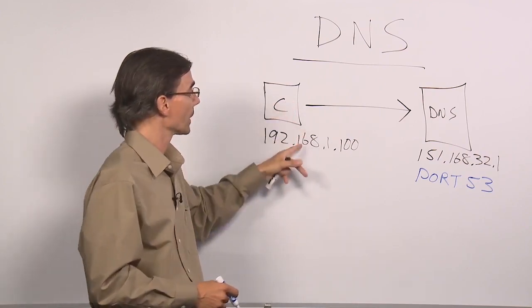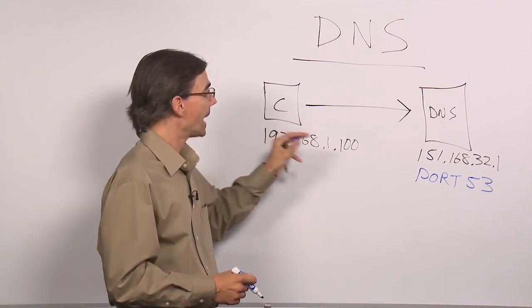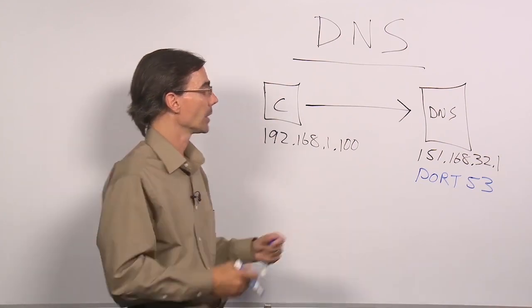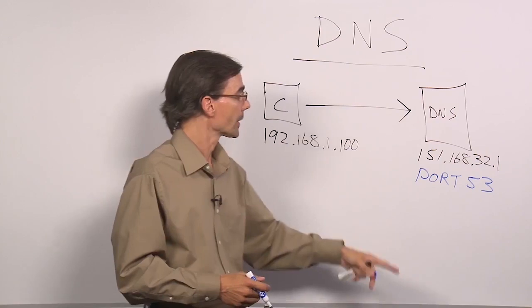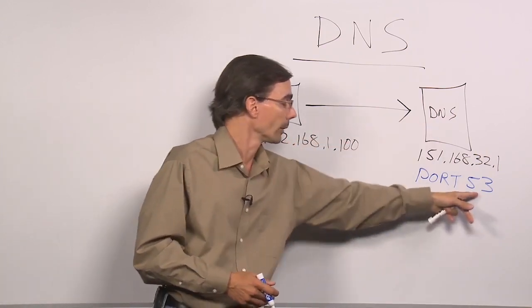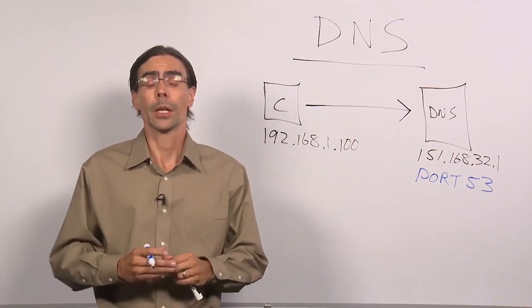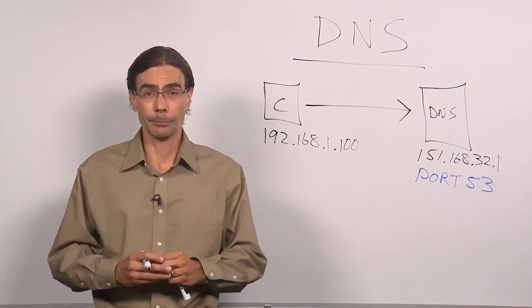Let's say the computer wants to go to google.com. That name needs to be converted to an IP address for the computers to actually talk to each other and make sense. So the DNS server is going to do that for us. And the client computer needs to connect to that DNS server on port 53. And we're going to show a little more of that in Windows and show the port that is used by a server. And we'll get into that in just a little bit.